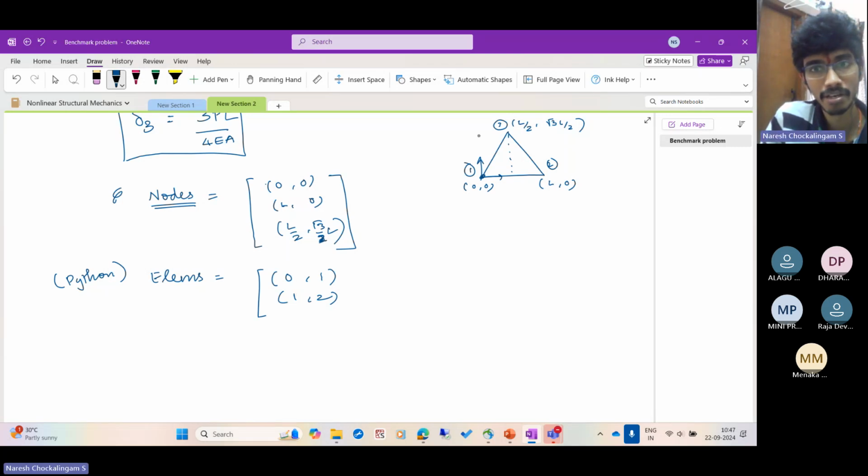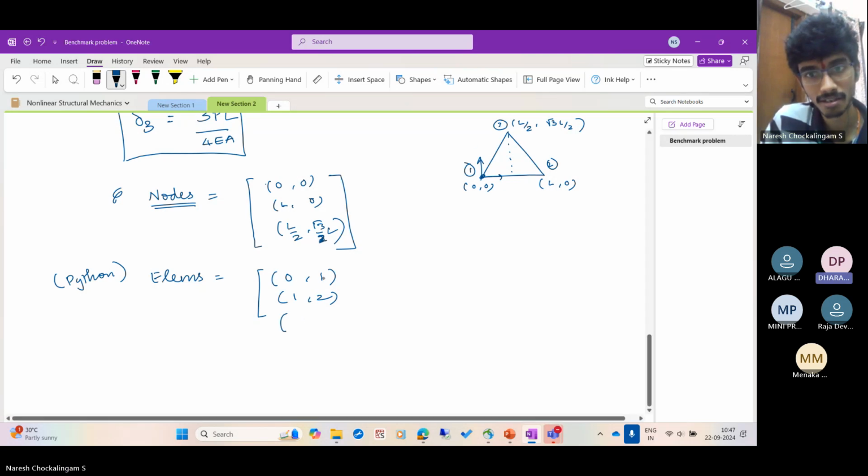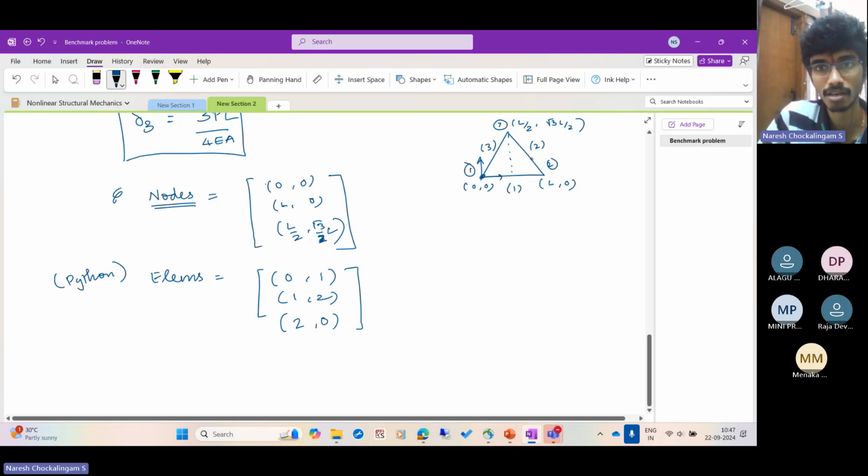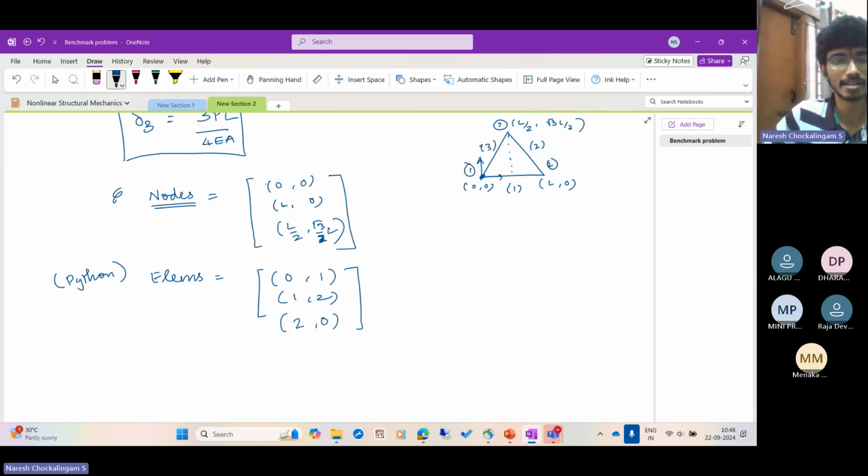The highest number can be 2, right? Because it's 3 nodes. So we cannot have 2, 3. Okay, so 2, 0. This is the first element, second element, and third element. 0, 1, 1, 2, and 2, 0. Okay. We can fill that in.